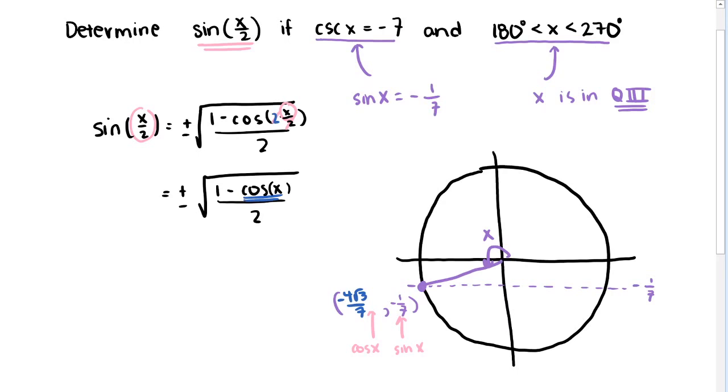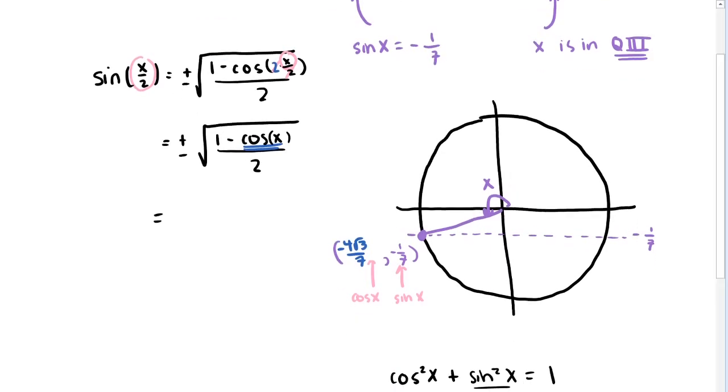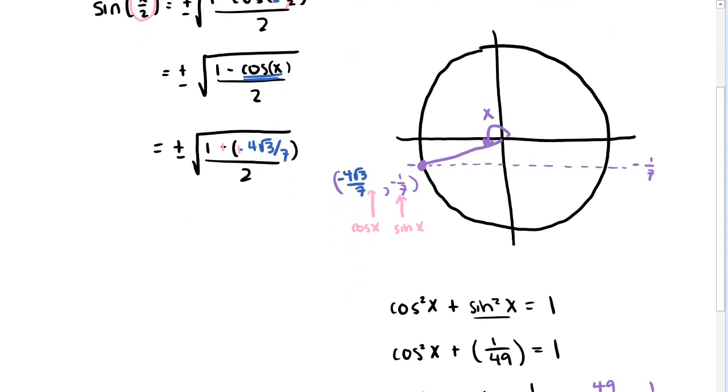Right, we know cosine of x is negative 4 square root 3 all over 7. So this is equal to plus or minus the square root of 1 minus negative 4 square root 3 over 7, and that's divided by 2. And so if I'm going to subtract away a negative sign, well, I'm going to get this addition here.